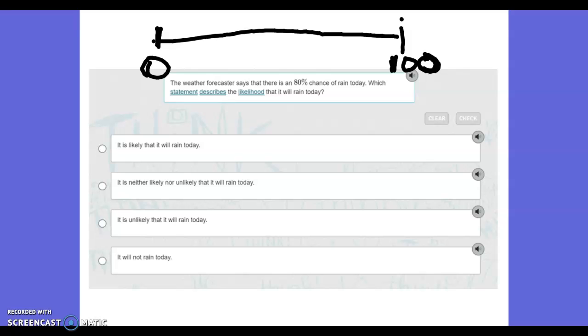Quantitative talks about numbers, hence the root Q-U-A-N-T-I, that deals with numbers, and qualitative, that deals with describing it with words. So we have 50, I have 25, and I have 75.